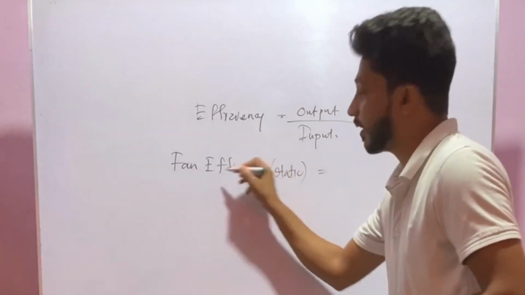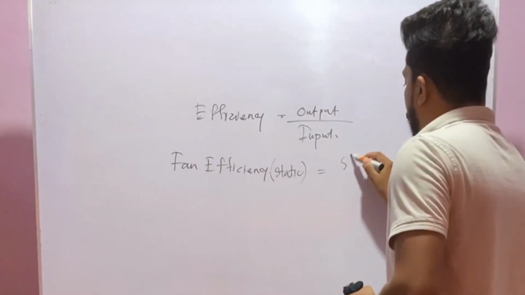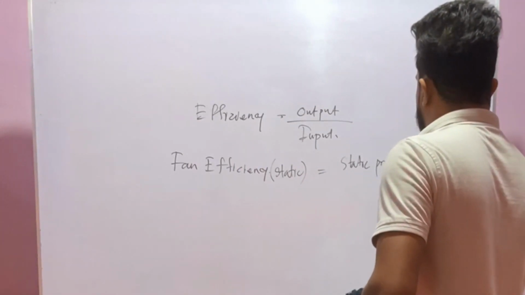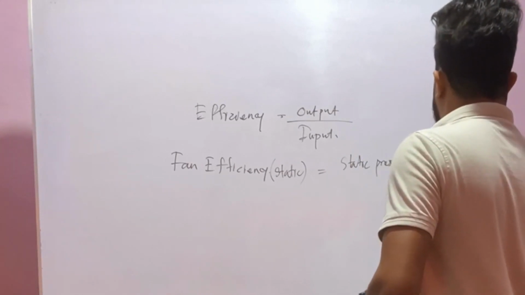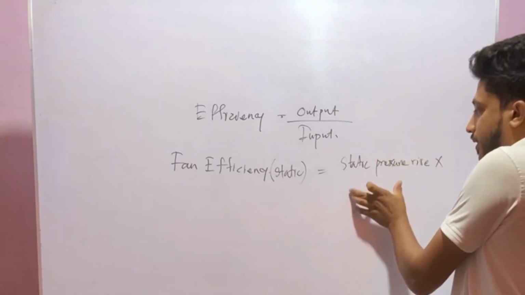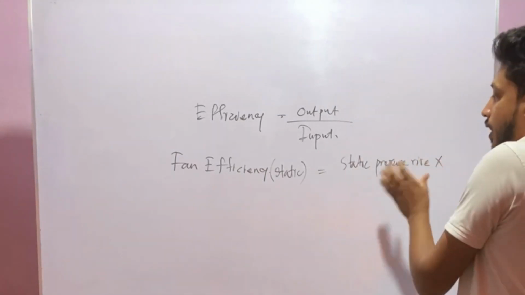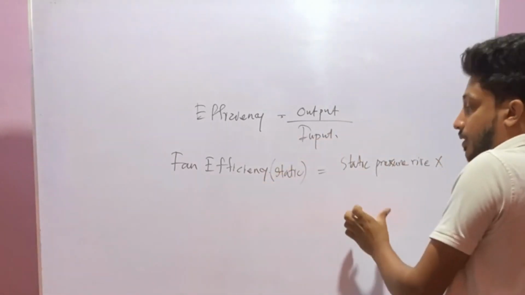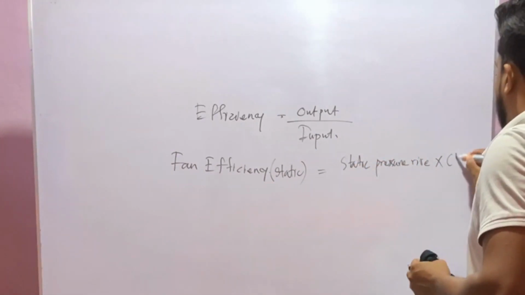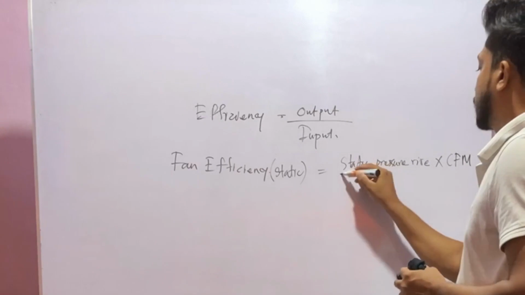But in static efficiency, we take only the static pressure rise. So, pressure and airflow is the output. But in static efficiency, we take only static pressure and airflow.